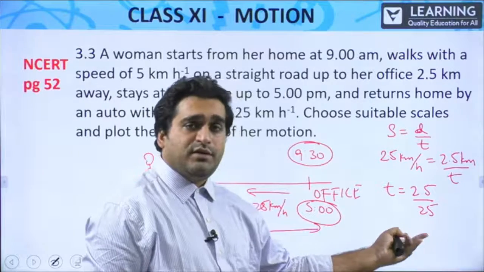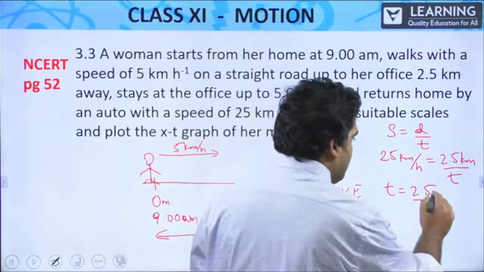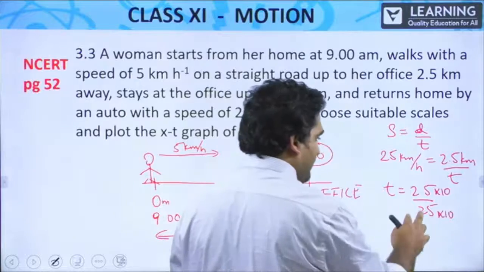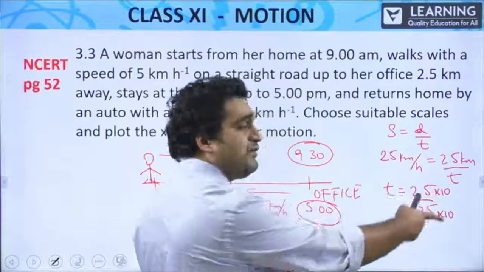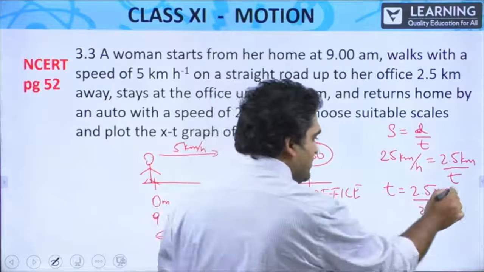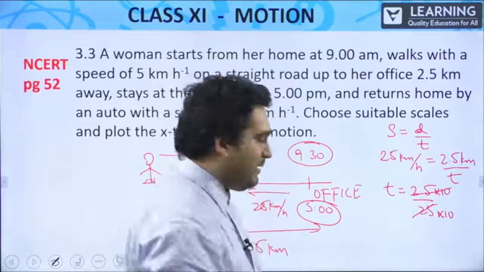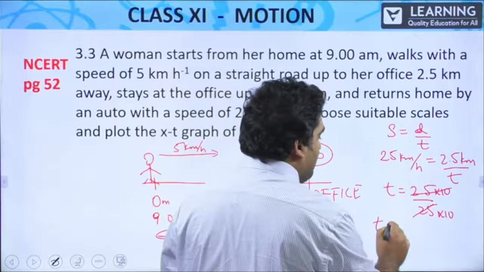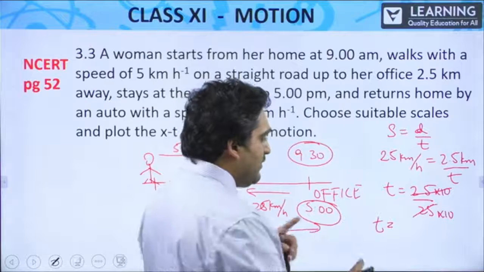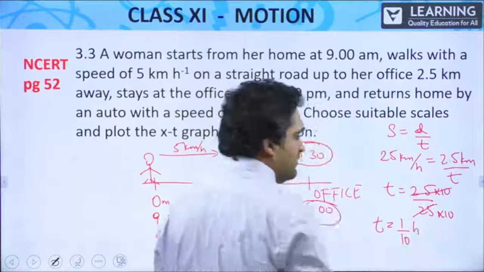Very easy: multiply the numerator and denominator by 10. Multiplying 2.5 by 10, you get 25, correct? So this 25 cancels and what you get is 1 by 10, which is 0.1. So 1 by 10 hours.